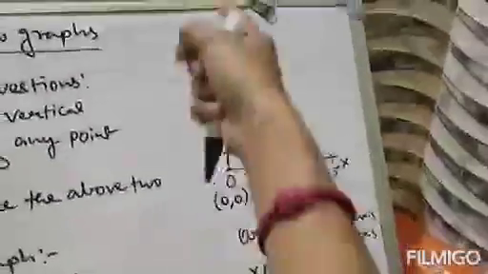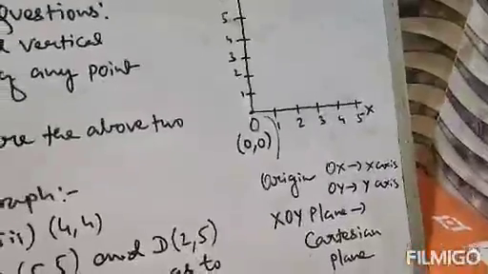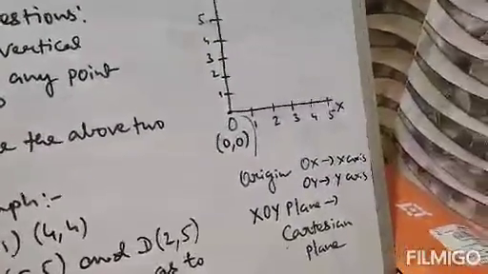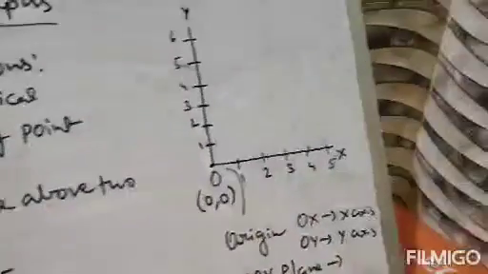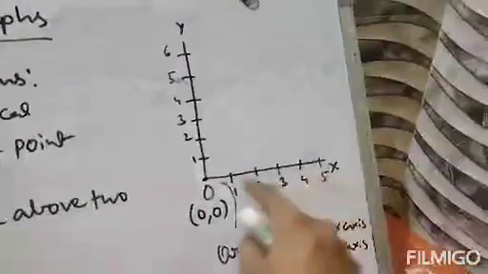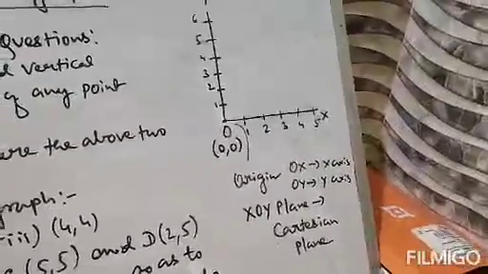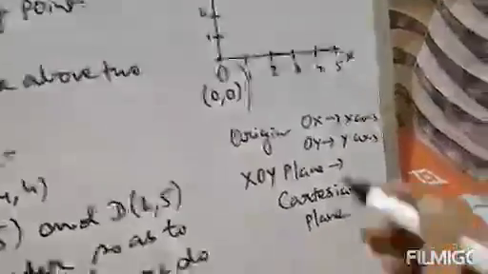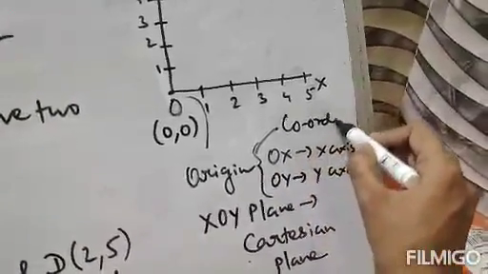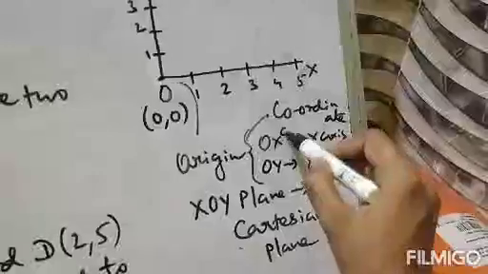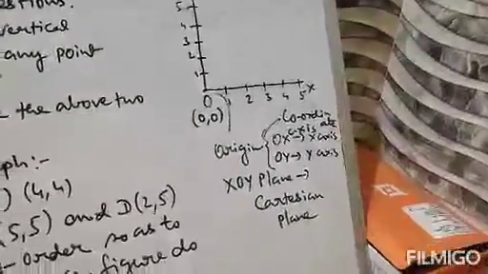OX is the x-axis, OY is the y-axis, and this O is called the origin point, where the coordinate of the origin is 0, 0. And OX and OY, both together, are termed as the coordinate axes.